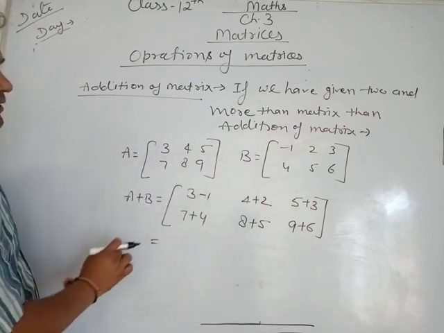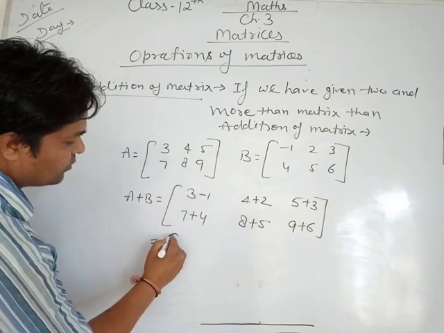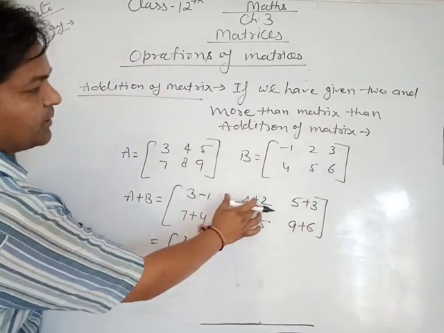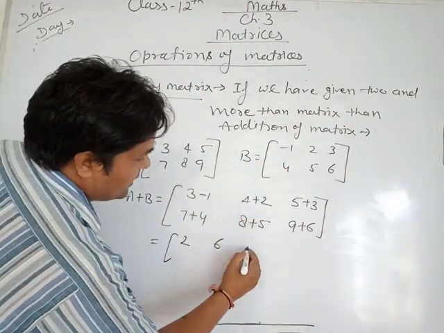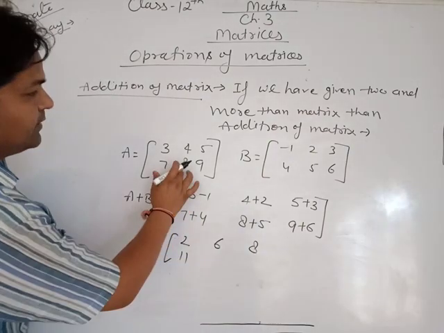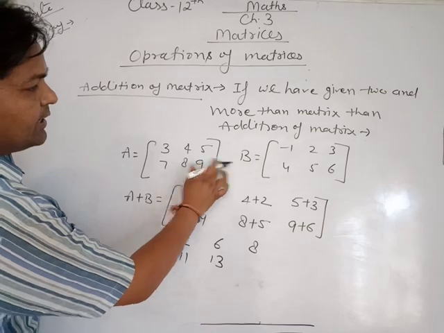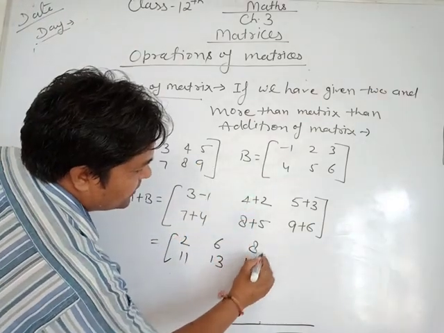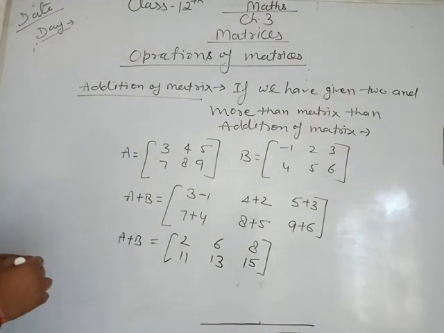Now 3 minus 1 equals 2, 4 plus 2 is 6, 5 plus 3 is 8, 7 plus 4 is 11, 8 plus 5 is 13, and 9 plus 6 equals 15. It is our answer of A plus B.